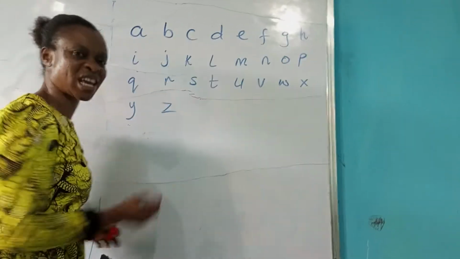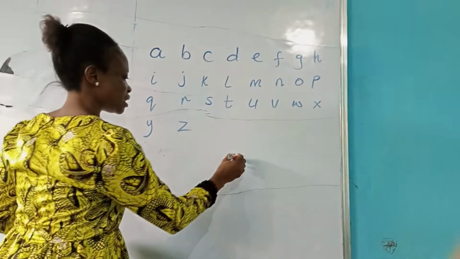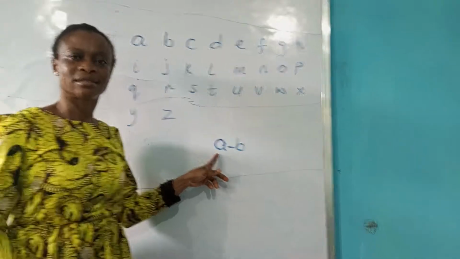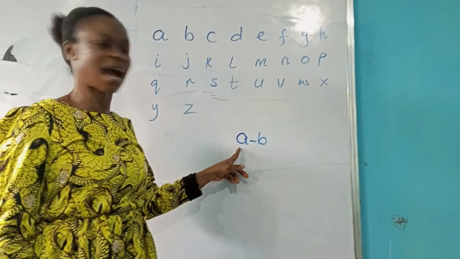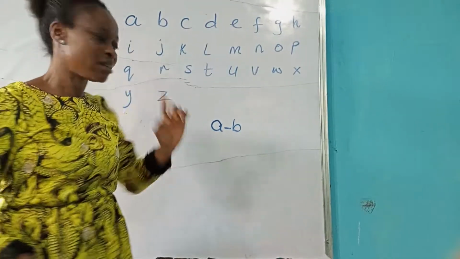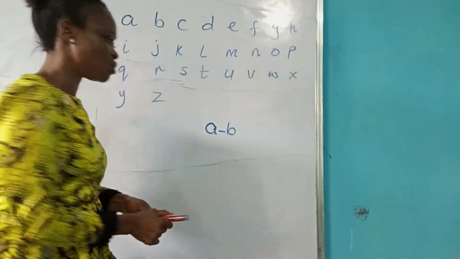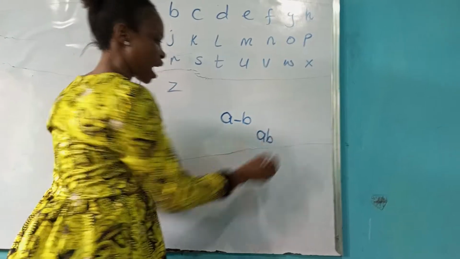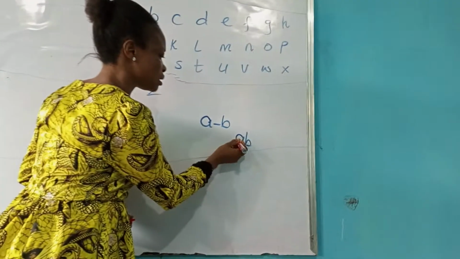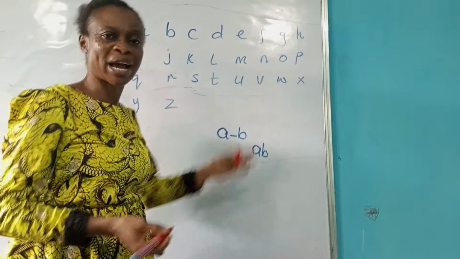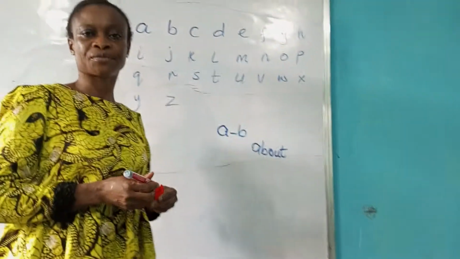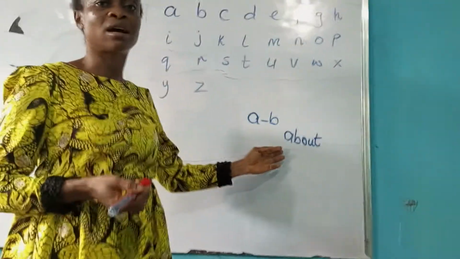Last time we gave few examples like letter A and letter B. Letter A has the sound A, while letter B has the sound B. When we join these two sounds, beginning with the vowel, we're going to have A. And then I told you that we can have a meaningful word by adding just 3 letters, like letter O, U, and T, and by doing this, we can have a word like about.